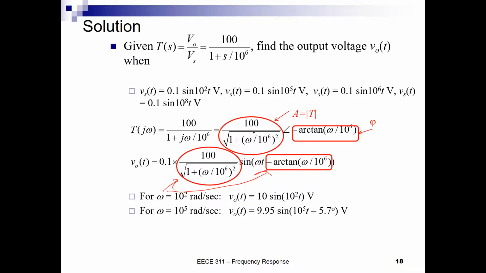And at the other omega, so at very small ones, the magnitude is really the low frequency gain and the phase is 0. So the magnitude is equal to 100 and the phase was 0.